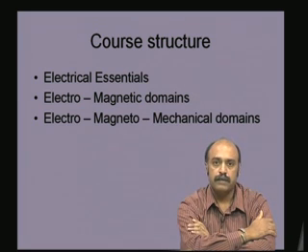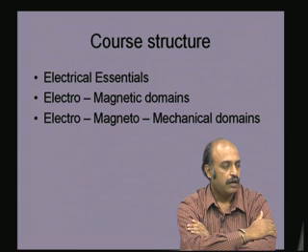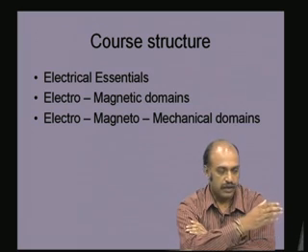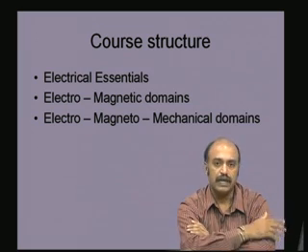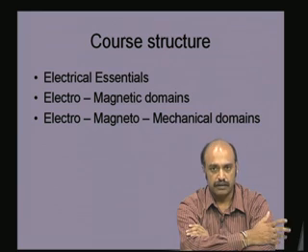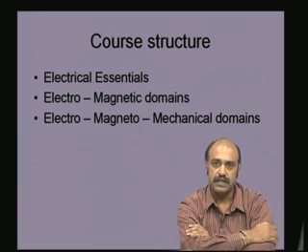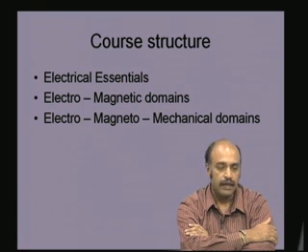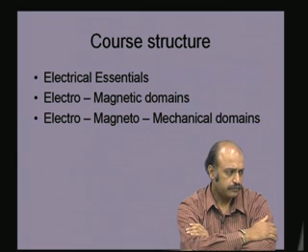The third part focuses on the electromagneto-mechanical domain. What it basically means is the energy flows through the electrical domain, the magnetic domain, and the mechanical domain, which are the machines. The DC machines, the DC generators, the induction machines, the induction generators, synchronous machines, synchronous generators, alternators, and so on and so forth.